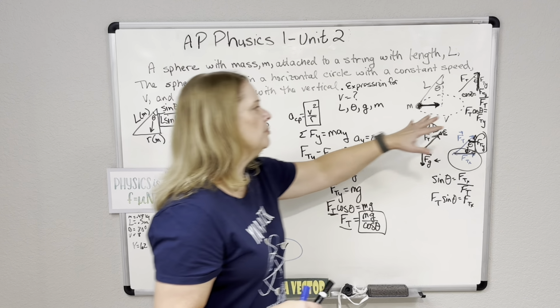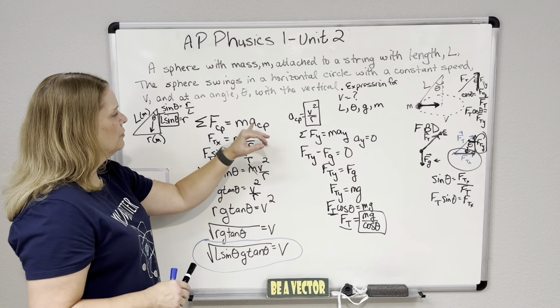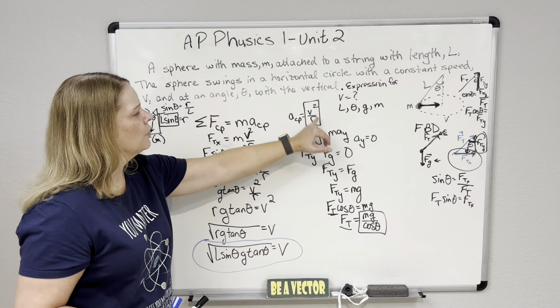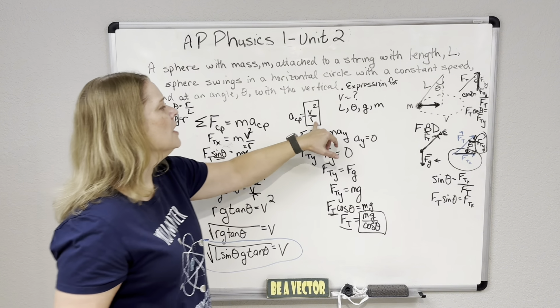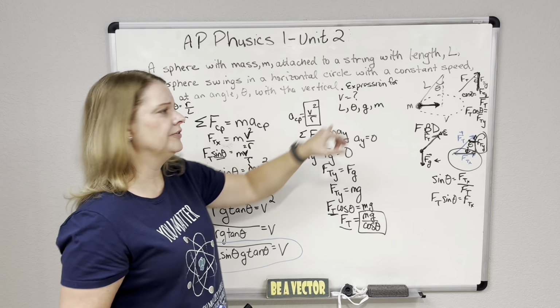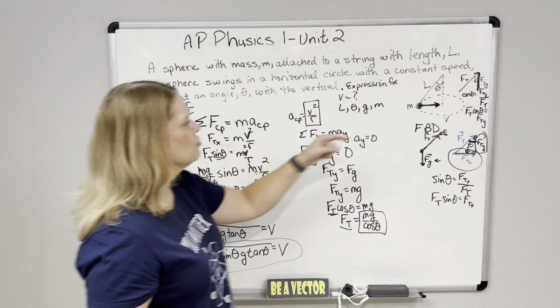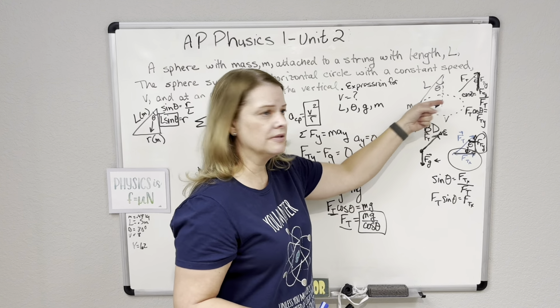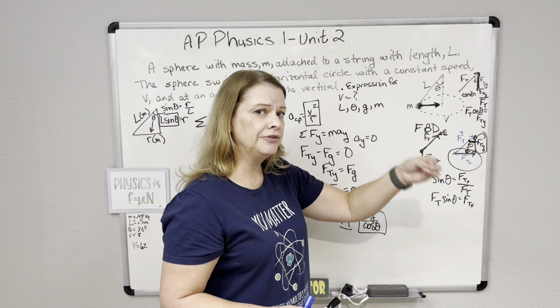We did centripetal motion. We went there first because we knew it was moving in a circle. We used that centripetal acceleration was v squared, that constant velocity squared, divided by radius, because they want an expression for velocity. So I had to sub that in. I knew that my centripetal force is positive because it's center seeking, and remember, positive is always center seeking.